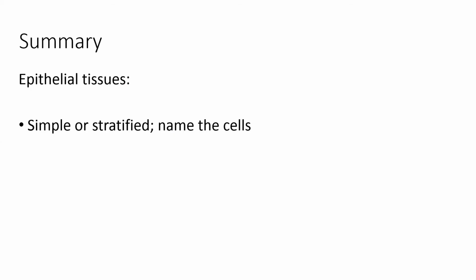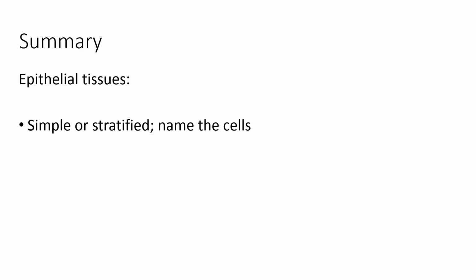So in this video, we basically talked about how to name epithelial tissues. Remember that the first part of the name will be simple or stratified. Simple means that there's only one layer of epithelial cells and they are connected to the basement membrane.